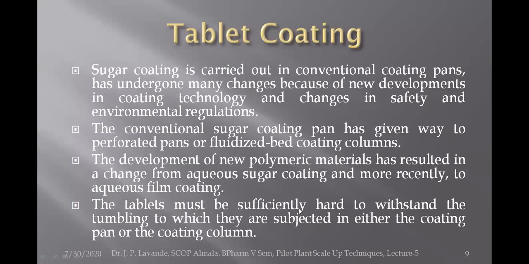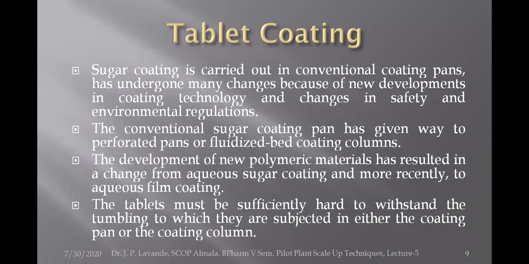The tablets must be sufficiently hard to withstand the tumbling to which they are subjected in either the coating pan or the coating column. Here, the hardness is of great concern, because whether it is the tumbling coater, the column coater, or the FBD coater, in those equipments the tablet will be subjected to jumping and falling.